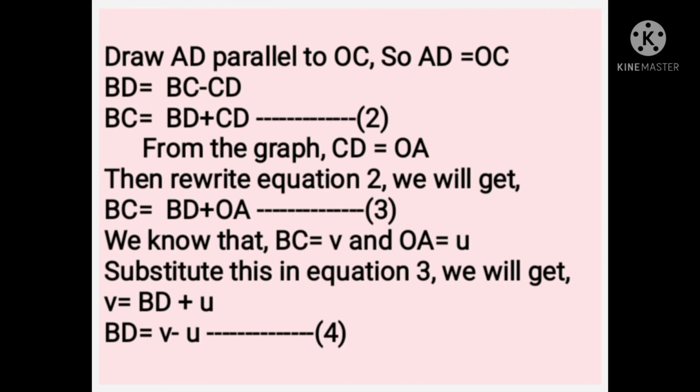Instead of CD, we can substitute OA there. Then we know that BC is equal to v, the final velocity, and OA is equal to u, the initial velocity. Substitute in equation number 3, we will get v is equal to BD plus u. From this, BD is equal to v minus u, that is the change in velocity. Put this as equation number 4.